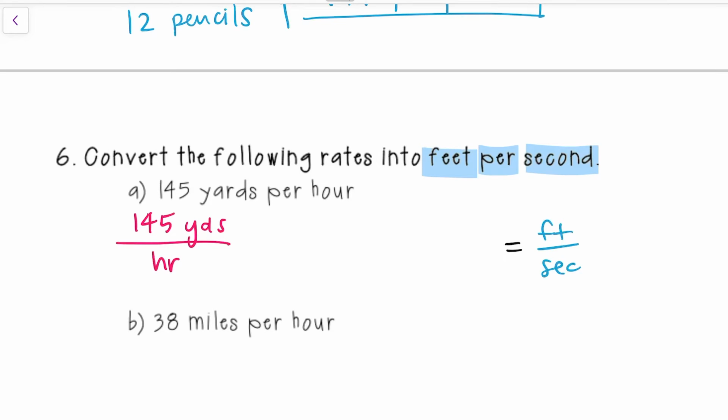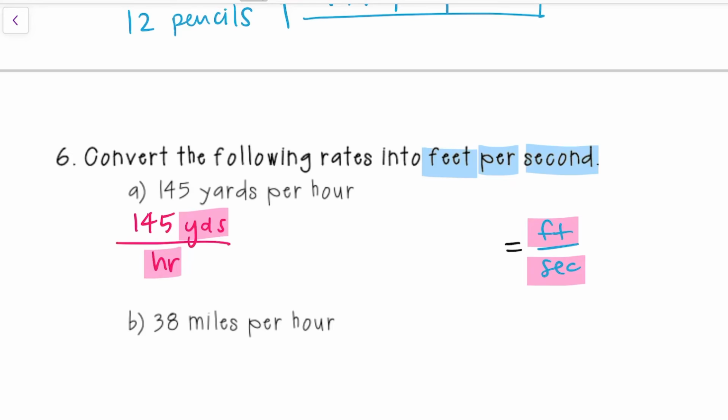When we put in our units where we're starting and where we're going, that gives us a game plan. So it looks like we need to convert yards into feet, and we need to convert hours into seconds. It doesn't matter which one you convert first. You just pick one. So I'm going to say let's go from yards to feet first.